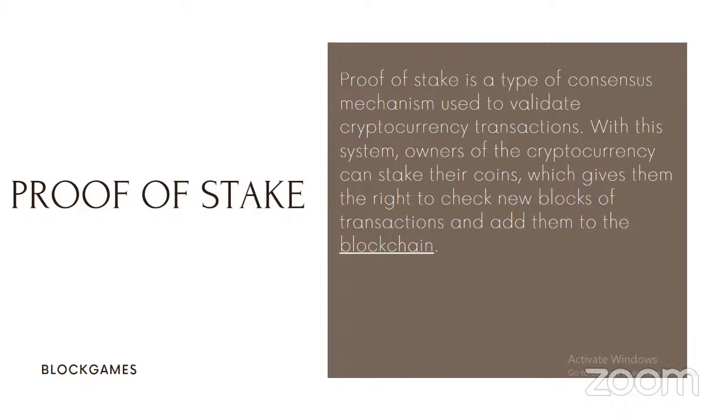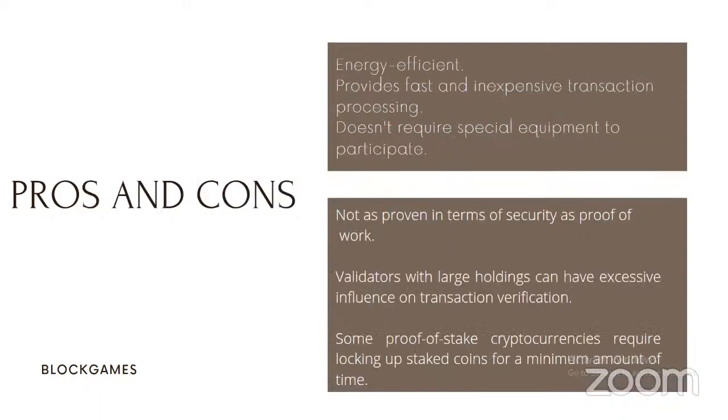So let's talk about the pros and cons of proof of stake. When we talk about the pros, it is energy efficient. When I say energy efficient, it requires no tools like proof of work does. For you to do anything in proof of work, you need to provide machines, power, and energy.